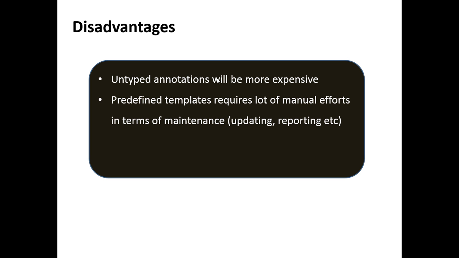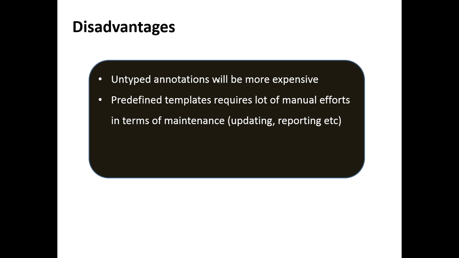The drawbacks of these systems are, as mentioned here, that untyped annotations are more expensive and the information will not be accurate, since everything is predefined. Maintaining them is a waste. Even if you spend very little time and resources, it is very expensive, and that much is not actually required. The second disadvantage is the predefined templates, like predefined attributes.